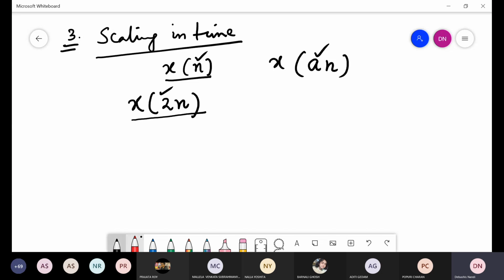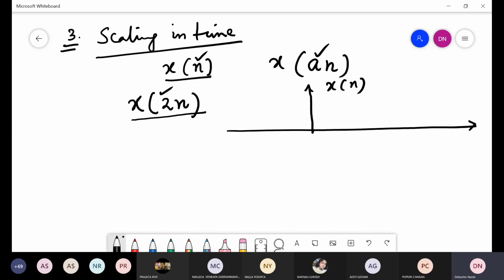You can see this just by considering a signal x[n] here. Arbitrarily, I am considering a signal. For example, this is the signal. Suppose this value is 1, this value is again 1, this value is 0.5, and this is again 0.5.